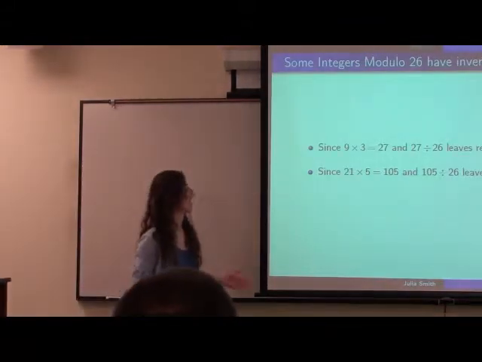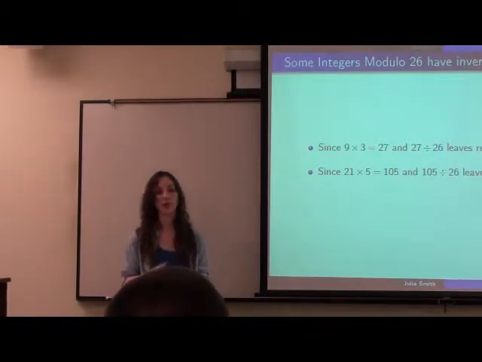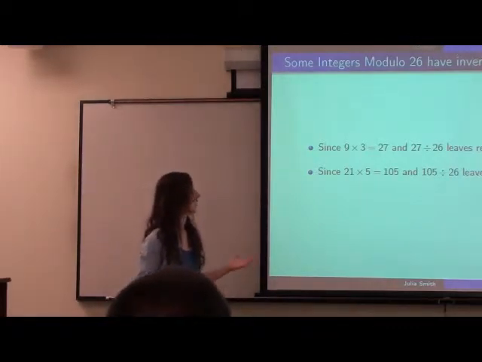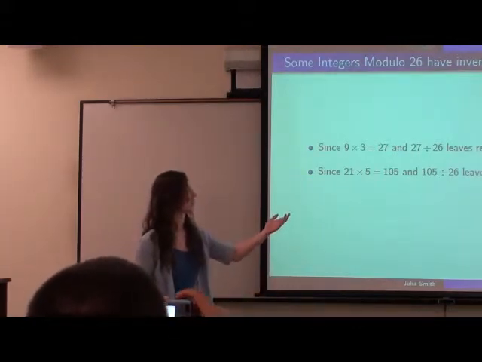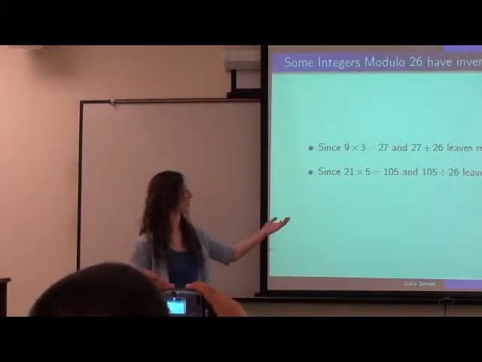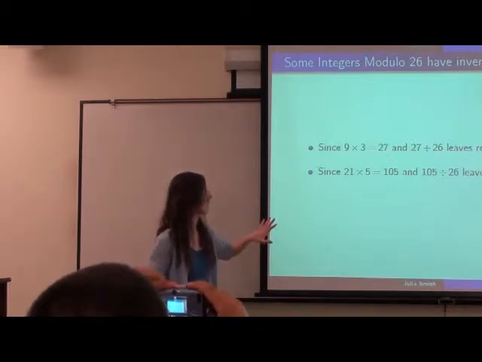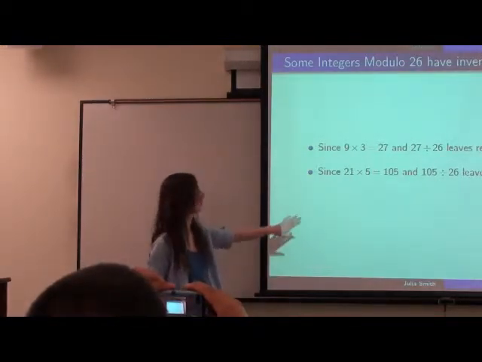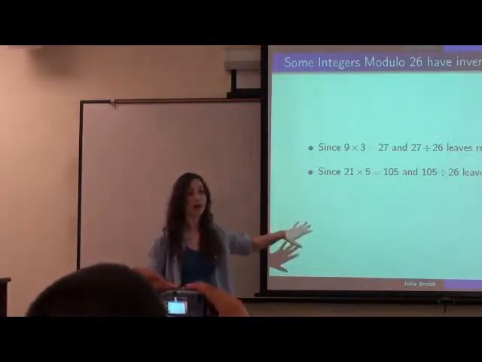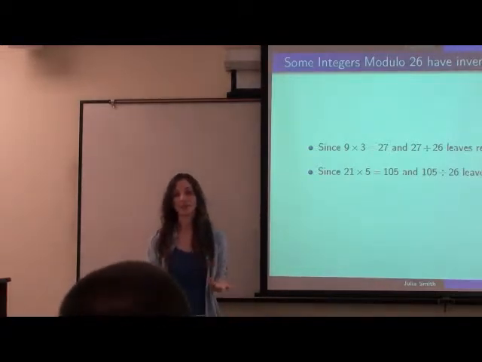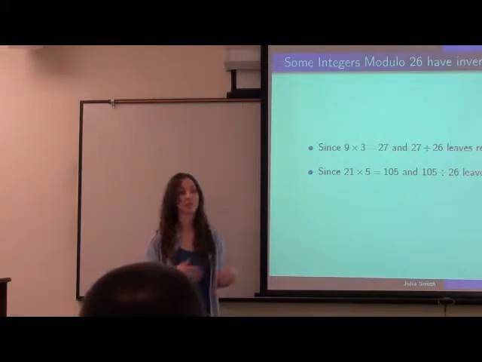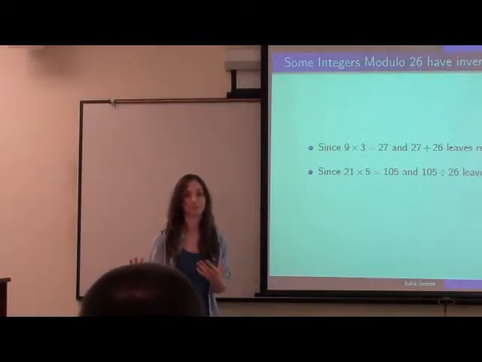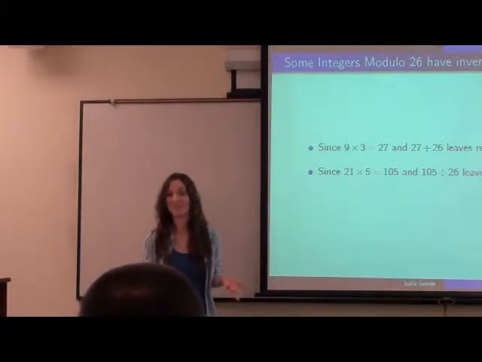Another thing we have to look at is the inverses of numbers modulo 26. So many numbers have an inverse. The inverse of 3 is 1/3. But when we're talking in terms of modulo 26, the inverse of 3 is also 9. Because the definition of an inverse is a number that when multiplied by its inverse will be 1.